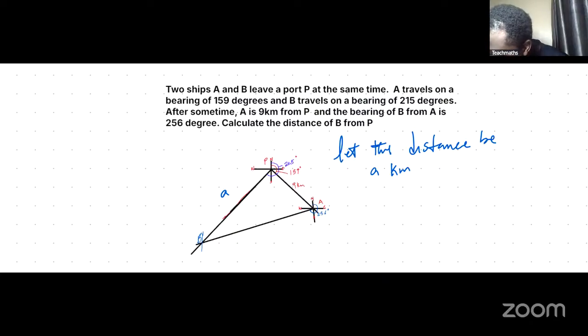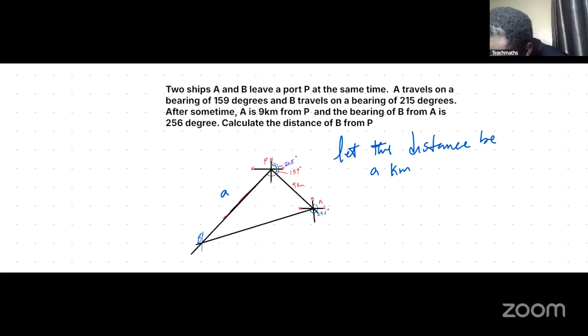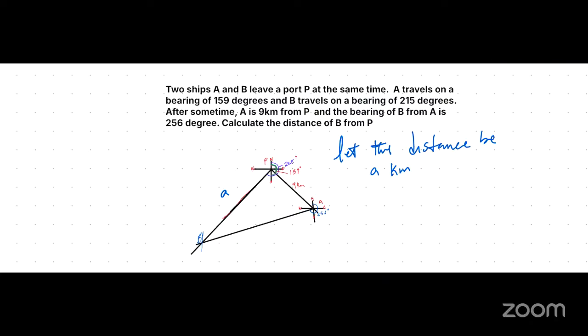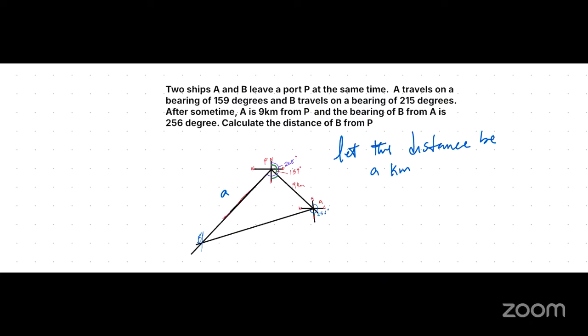Look at this angle very well. Now, this green here is 159 degrees, right? Now, if I extend it up to this point, I would have 180 degrees. So, to find this small angle here would be 180 minus 159. That's one way.